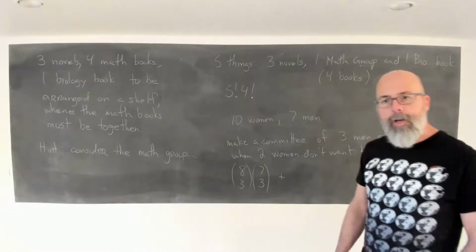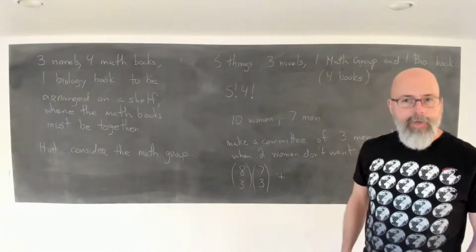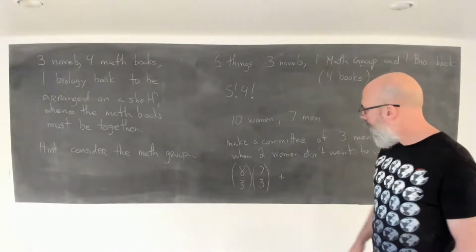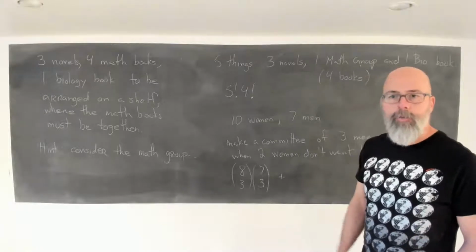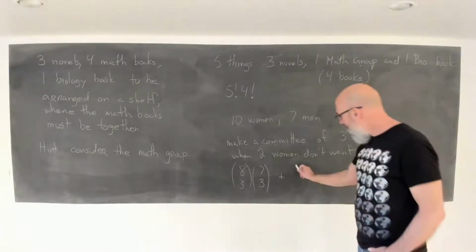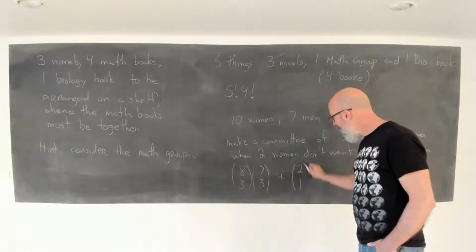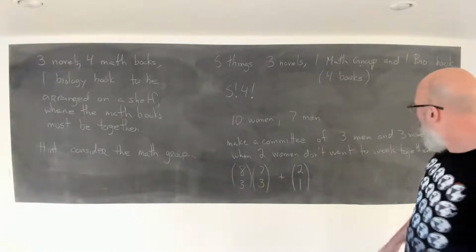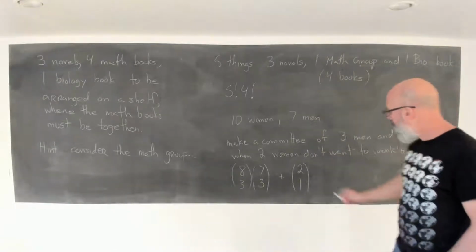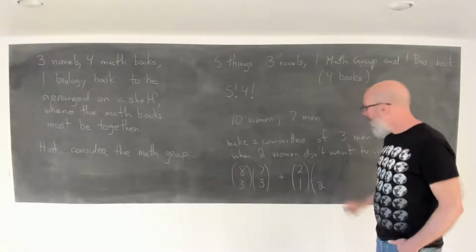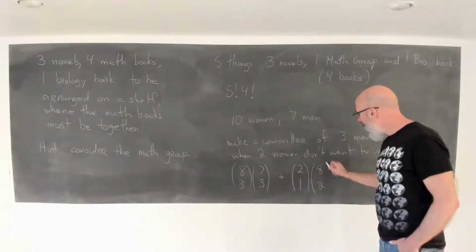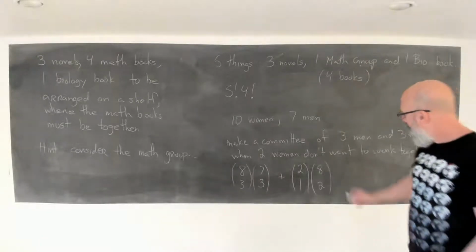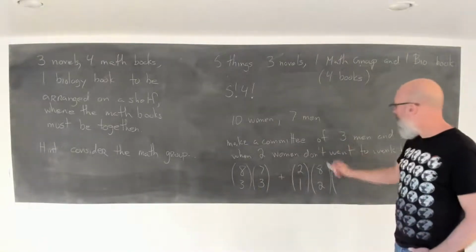And now let's count the number of committees where one of the women is there. You don't want both, but one is fine. So let's take one of those women. We'll choose one of the 2. We still need 2 other women from the 8 remaining, and 3 men from the 7.